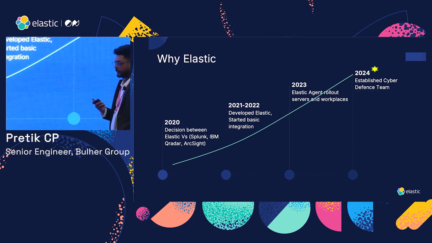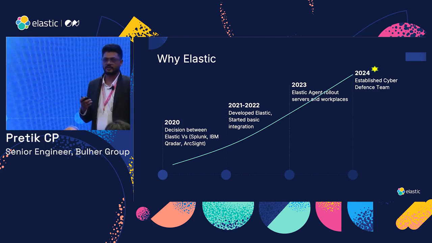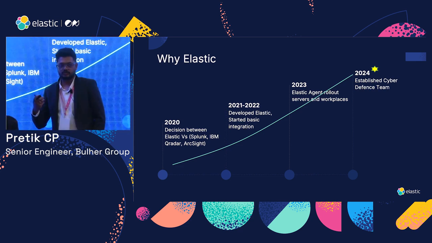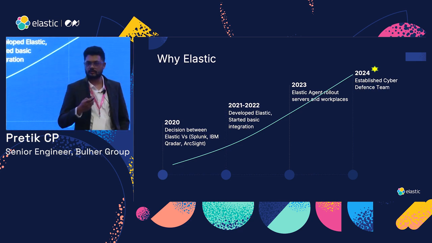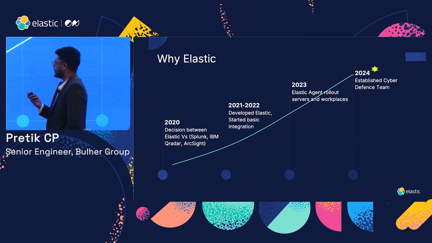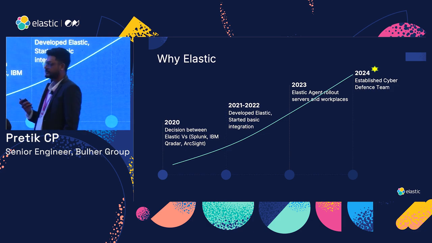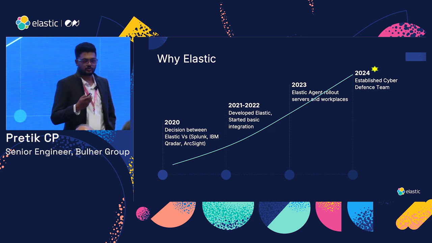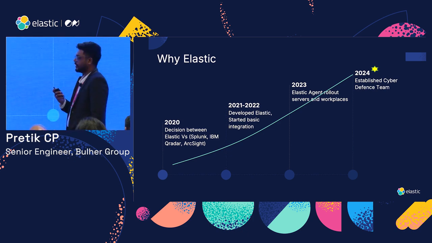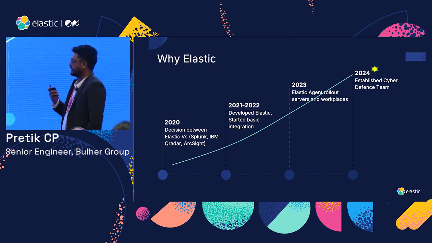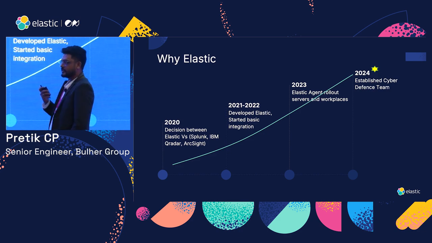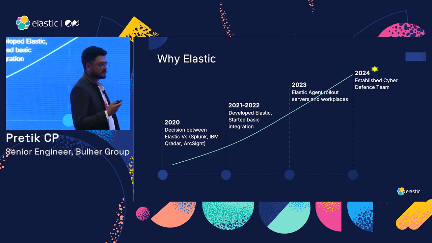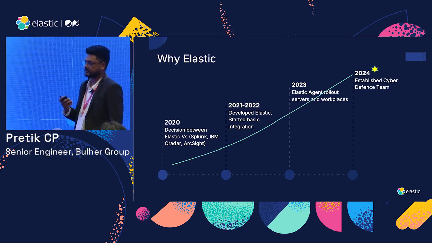Way back in 2020, we had a crucial decision point where we went through different technologies: Splunk, IBM QRadar, ArcSight, and Elastic, to meet our project scope. Our project scope was mainly to build a centralized management system for a data lake, and also to address the security use case for our organization.